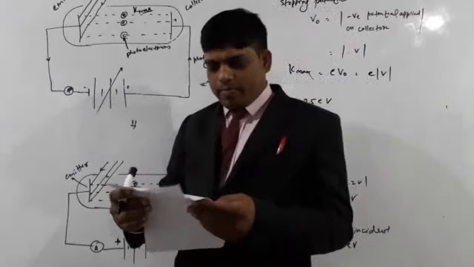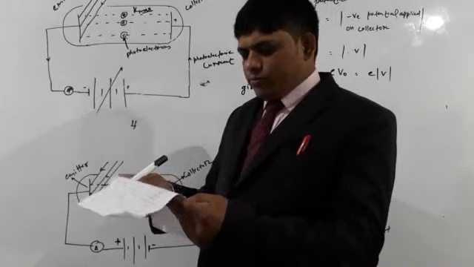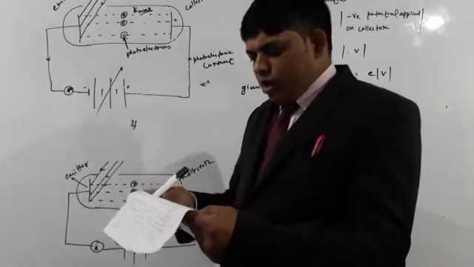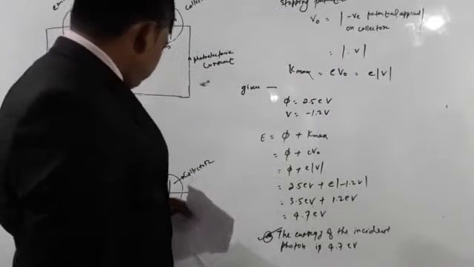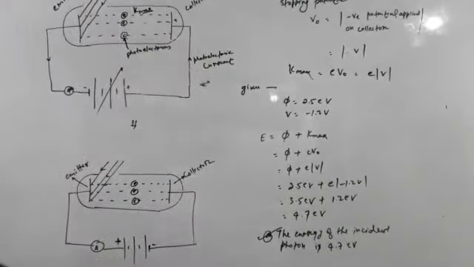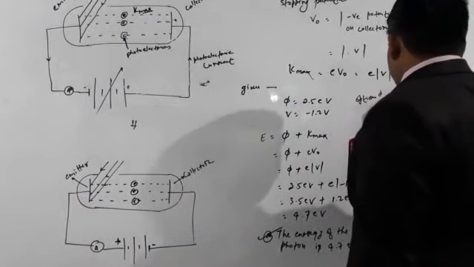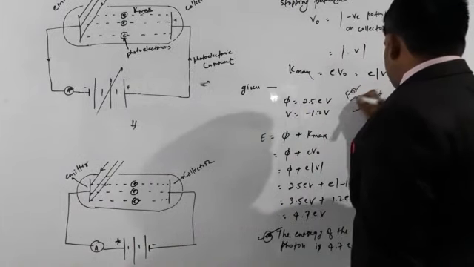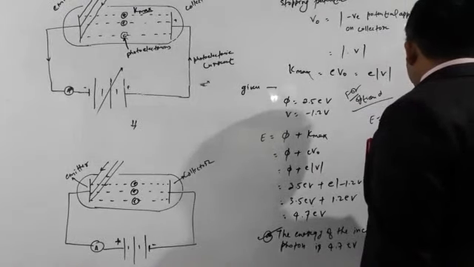Option D, when the energy of photon is 3.5 electron volt, the photoelectric current will be maximum. Now we are checking option D. E is equal to phi plus K max.